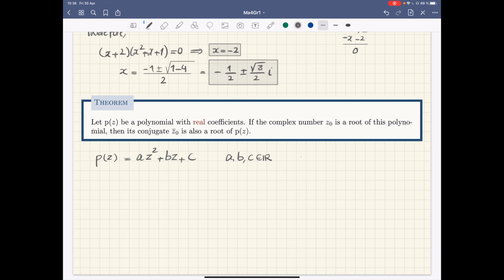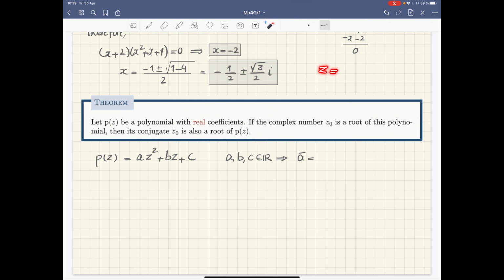Can you tell me what happens for A bar? If A is real, what is A bar? For example, what is the conjugate of 1? What is the conjugate of 2? Do you remember?